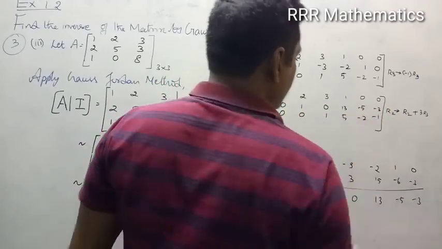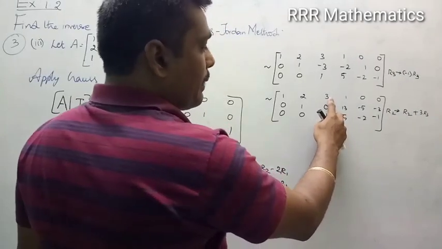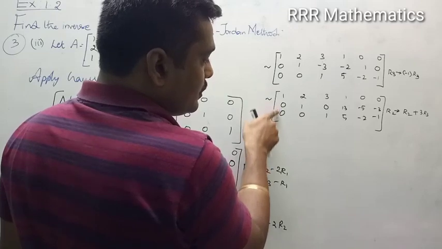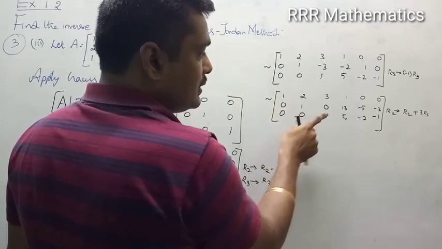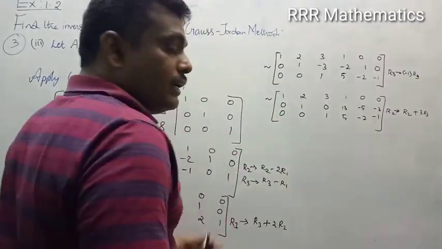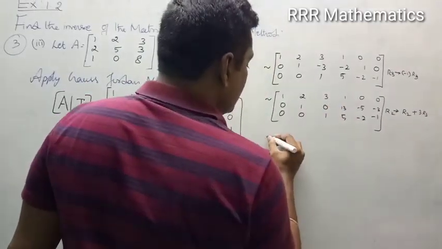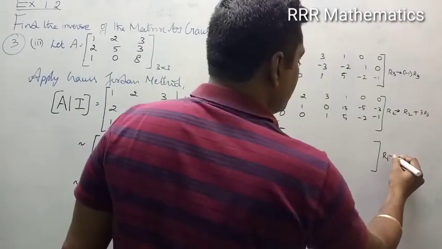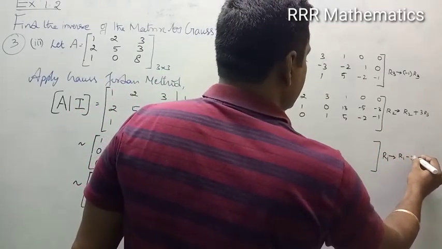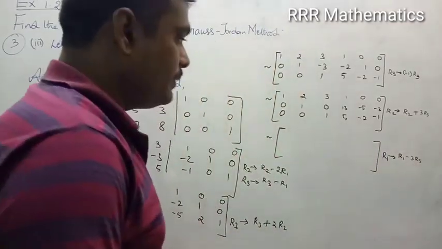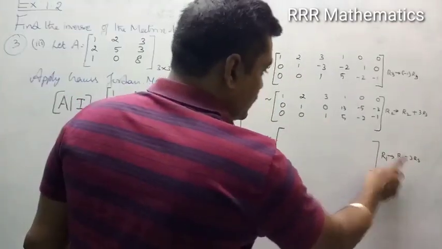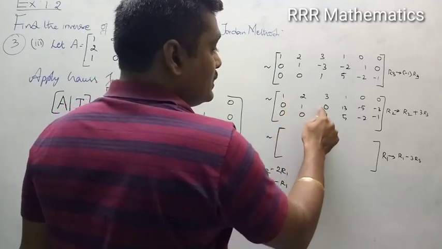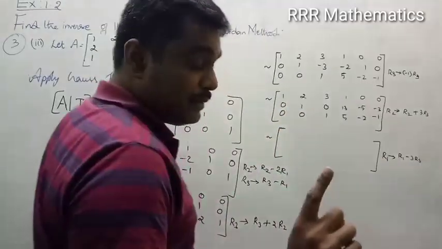No problem. Now I need 0 here. I'll use the third row, because if you subtract R1 and R3 there is no difference: 1 minus 0, 2 minus 0, only 3. So to bring 0 here, R1 implies R1 minus 3 times R3. When you do this operation it won't disturb the existing 1, 0, 0, 0, 1, 0, 0, 1. That's why I choose it this way; just keep that in mind.